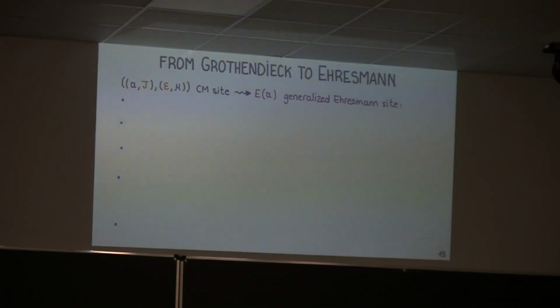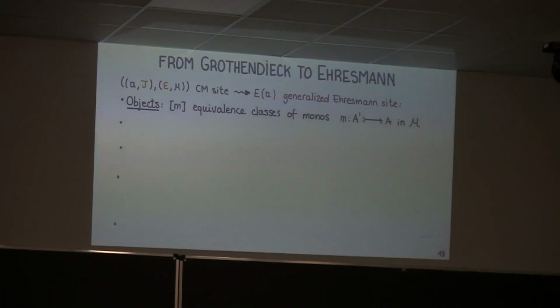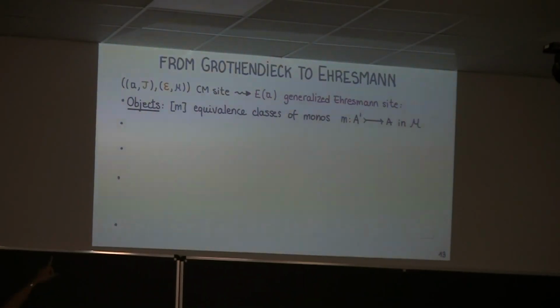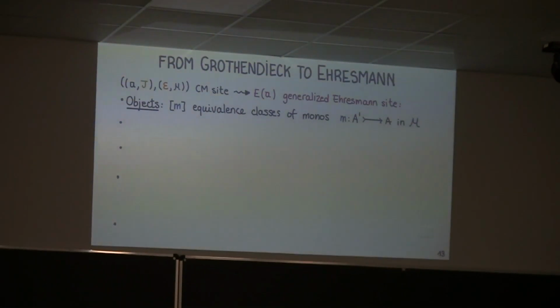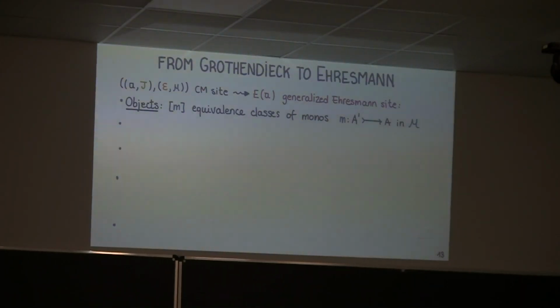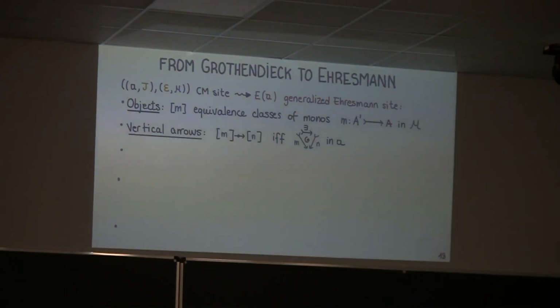And what we prove is that we can associate, first, what we build from any covering mono-category a generalized Ehresmann site as follows. Objects are equivalence classes of monos, with monos only in my right class. Okay, so subobjects that come from monos in my right class. Vertical arrows are the usual less-or-equal relation of subobjects, if there exists an arrow here.